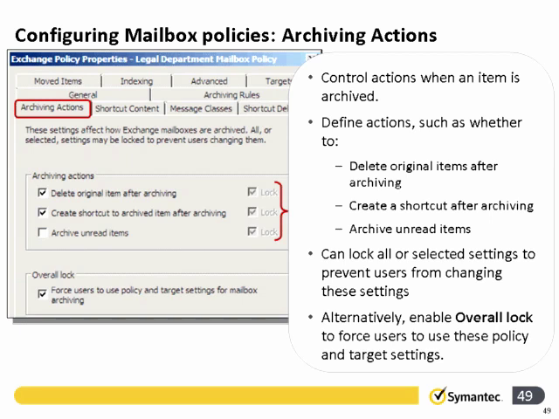Now, down towards the bottom, you will notice what's called the overall lock. This is going to force the users to use this policy's target settings for their mailbox archiving. We will show you later that, based upon the client, you may have the capability of creating custom archiving rules and archiving actions if you have permission. But if you set the lock here, they will not have that permission.